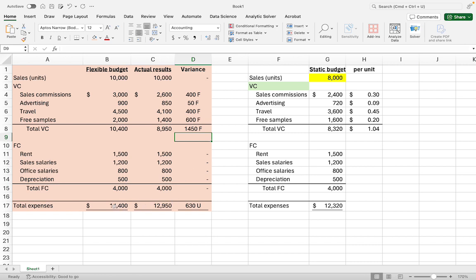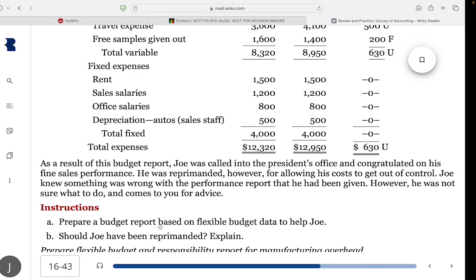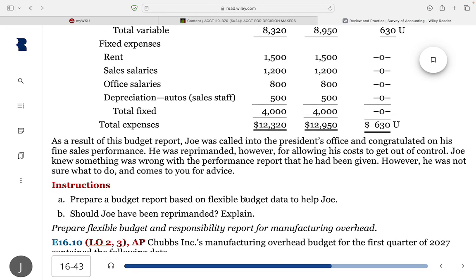So down here at the bottom, these are going to change. So I have a $1,450 favorable variance for total variable cost. The total fixed cost variance is 0 because the fixed costs are identical. And so down here, this is going to be the same number. This is going to be 1450 favorable. And so here's the correct flexible budget report that the question asks for in letter A.